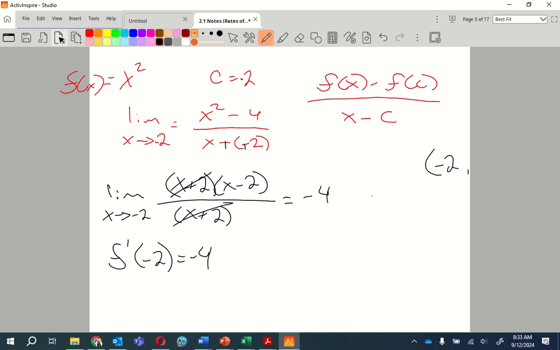To figure out the y value, all I have to do is plug that in, right? Plug in -2, and I get 4. So this is my point. Now I have a point, and I have a slope, which is -4.